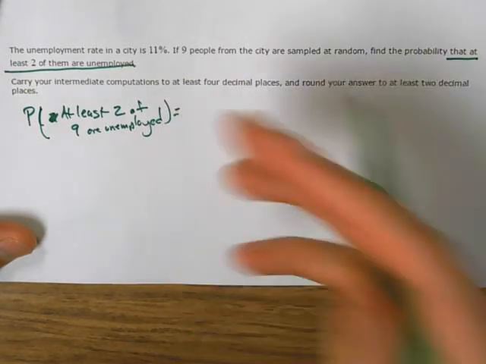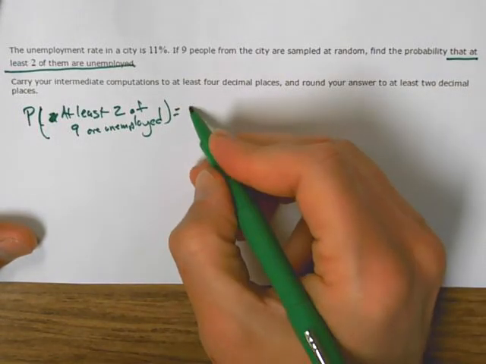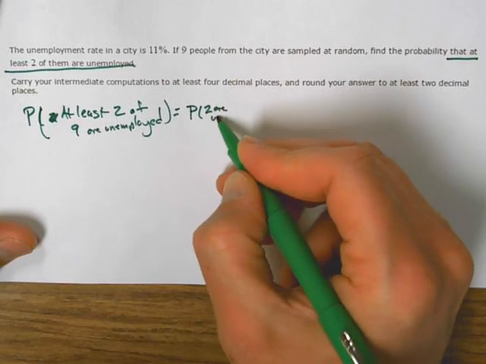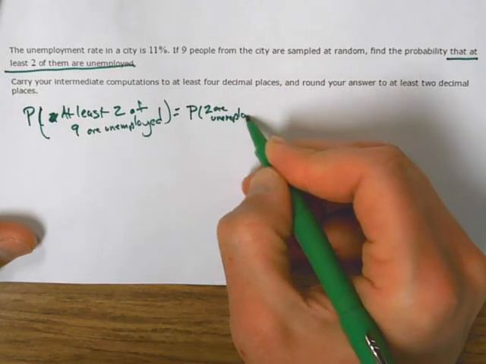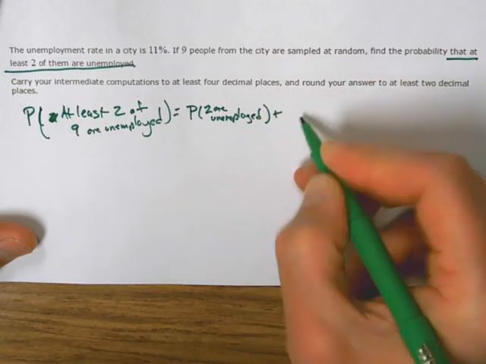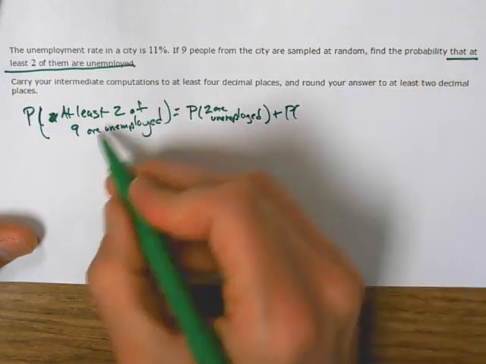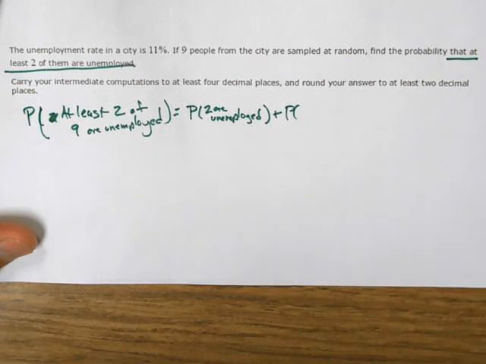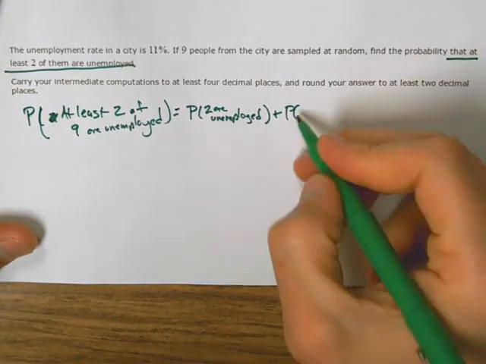Well, if you think about that, at least 2 means I have to find the probability that 2 are unemployed, and then add that to the probability that 3 are unemployed, since 2 is the smallest and it could go higher.